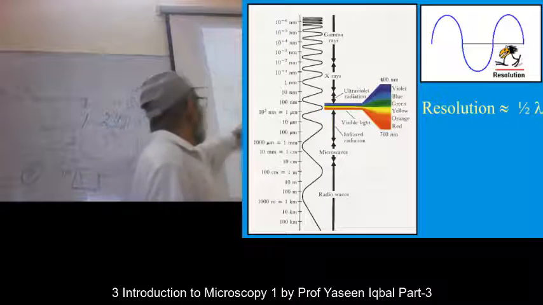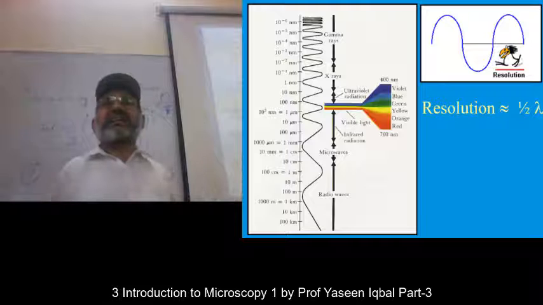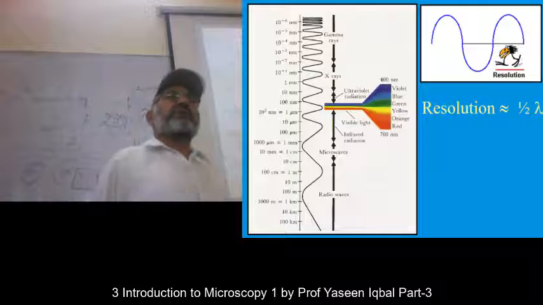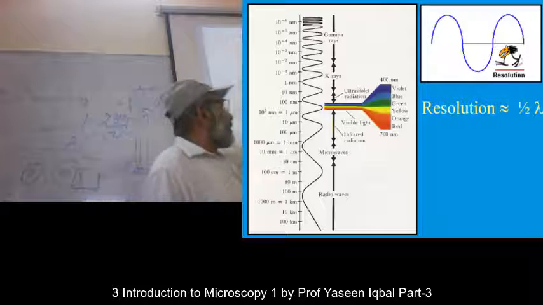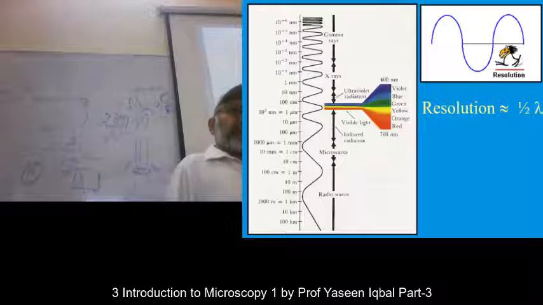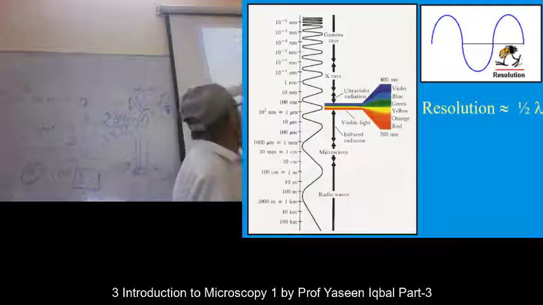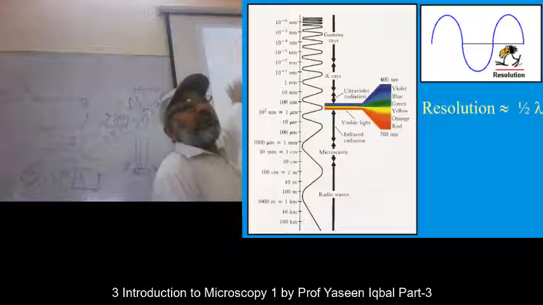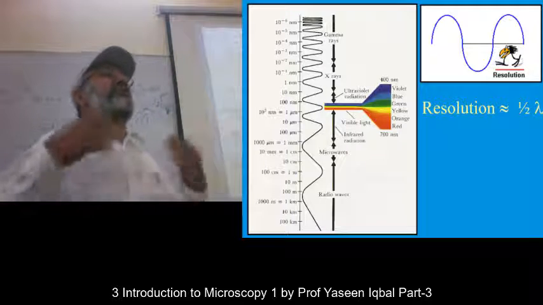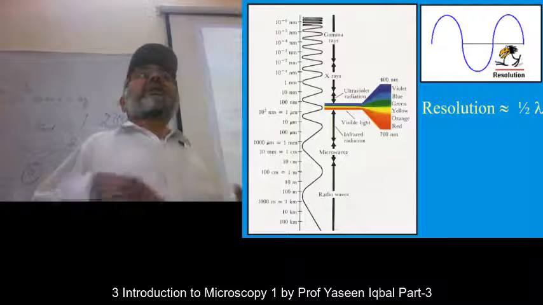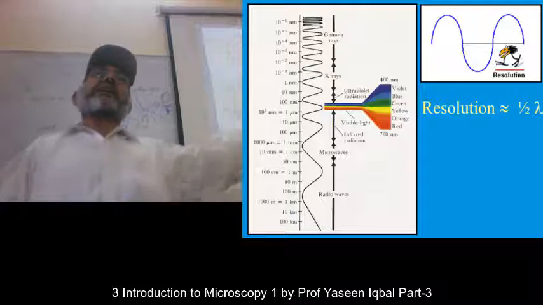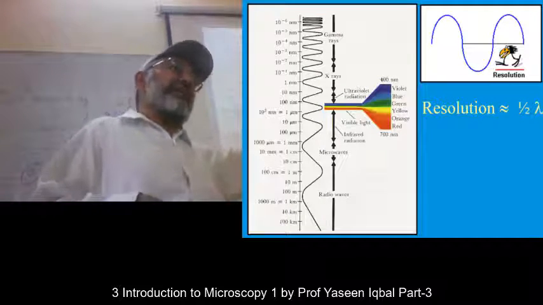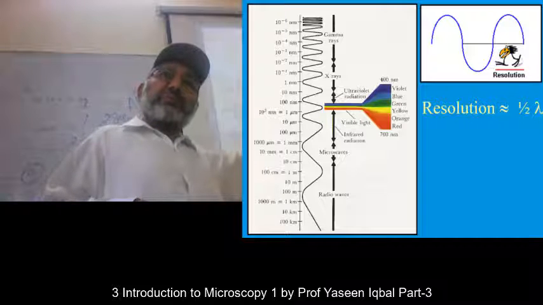The maximum you can go, when everything is ideal, all the lenses, all the electronics, whatever you gather together, you can't go beyond half lambda. And when lambda is fixed, you can't go below that. And most of the electronic world and crystallography, the dimensions are in angstrom. And that was the failure of the optical microscopy.